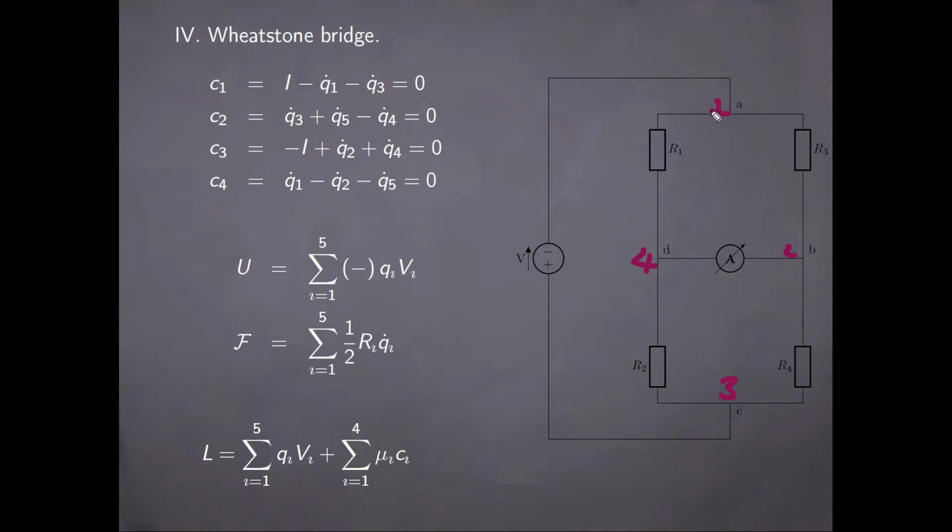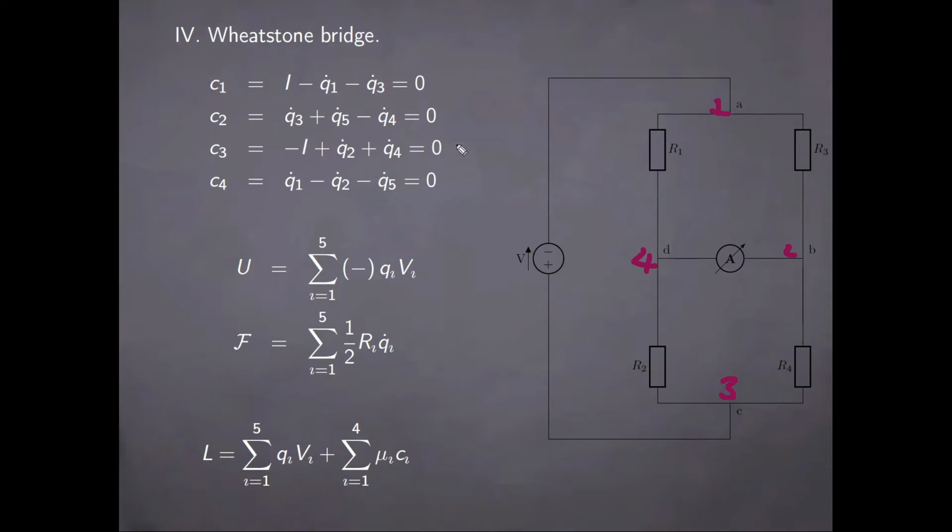So for example, for the first junction, the ingoing current I has to be equal to the sum of the outgoing currents, so it's minus Q1 dot minus Q3 dot, and so on. For each case, the ingoing current, I3 for example, will be, in this case, I3 and I5 coming from the bridge, which must be equal to the outgoing current I4, and so on.